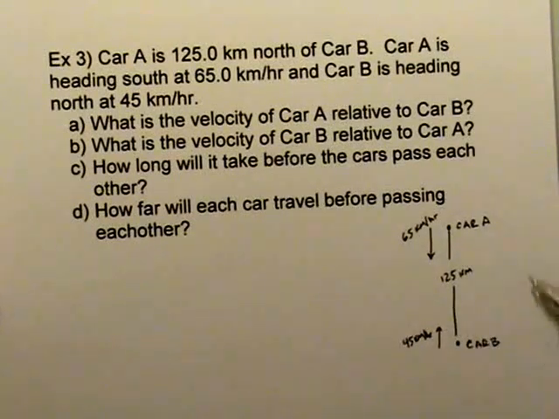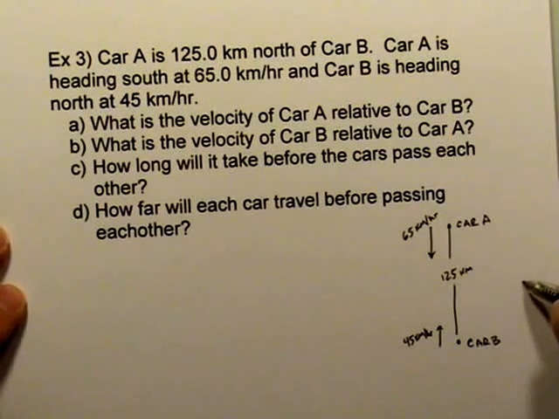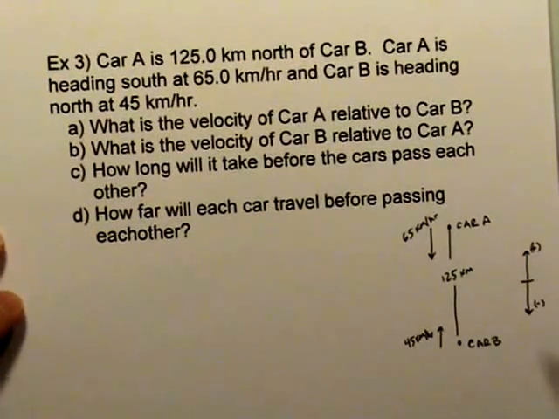Now the traditional frame of reference in this particular example, anything traveling to the north would typically be considered the positive direction, and anything traveling to the south would be the negative direction.